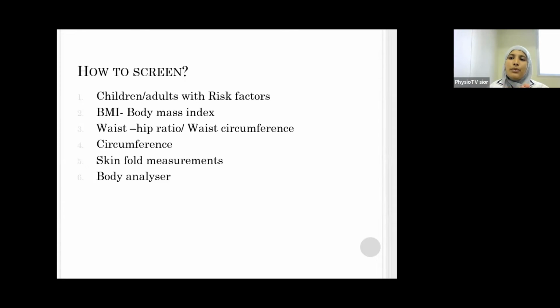It is a machine which will give you proper body composition, as in the total amount of weight that you have is distributed into how much lean muscle mass, how much fat mass, visceral fat mass, how much water content, and how much of the weight consists of your bone weight also. So it will give you a proper segregation, and hence it is a better outcome measure. It's the gold standard.